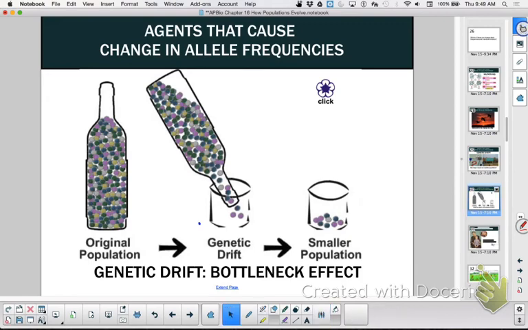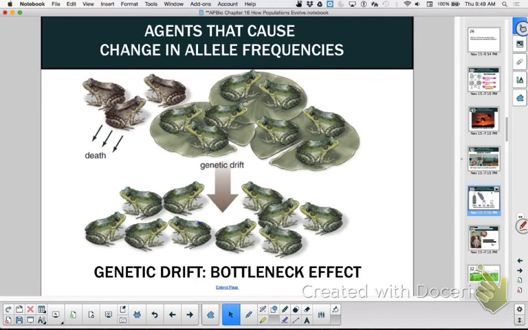So in this case, you have brown frogs and you have green frogs. And if a tree happens to fall on the brown frogs and all the brown frogs die, then all you have left are the green frogs. Okay. So this is a form of genetic drift.